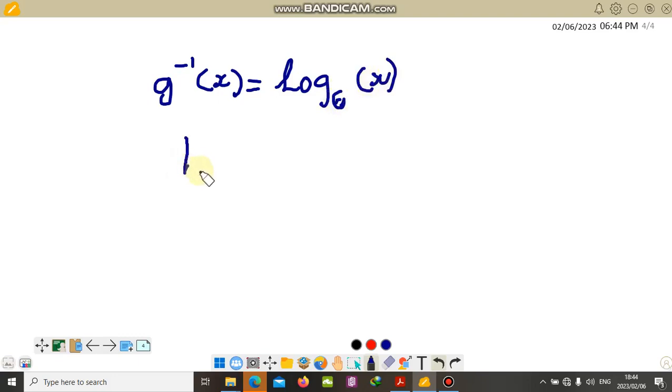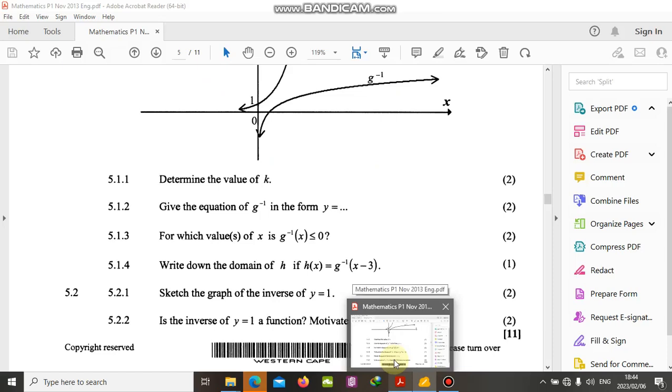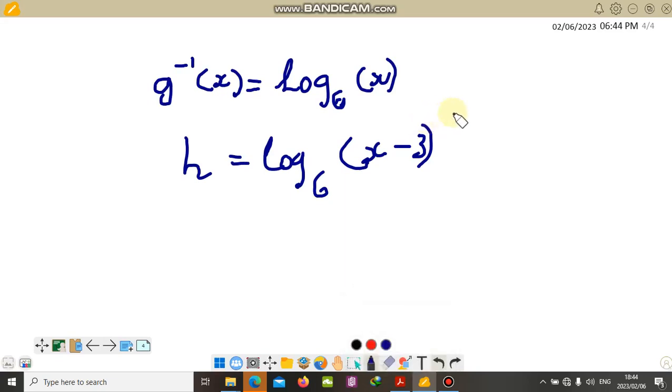But now they're saying h is equal to log base 6 of, but now it's not only x, it's x minus 3. So the graph will move to the right by 3. They want the domain. The domain is the x values, guys.